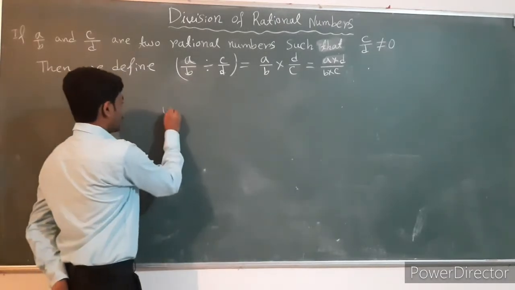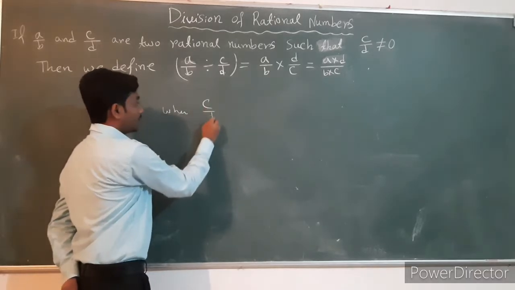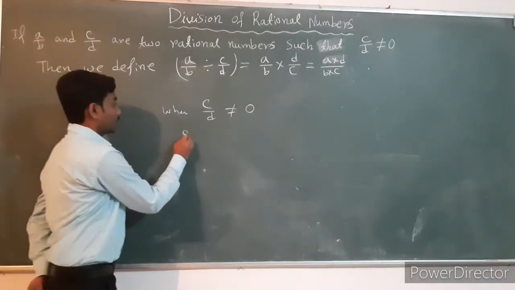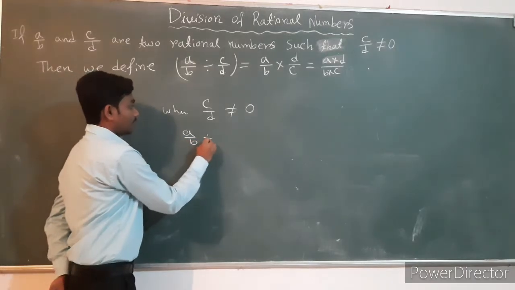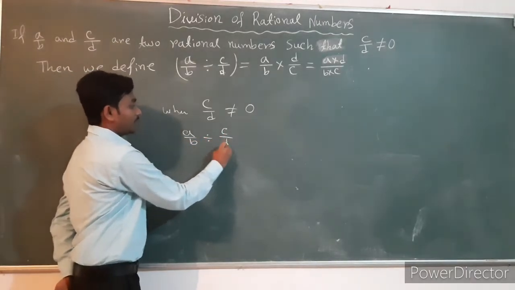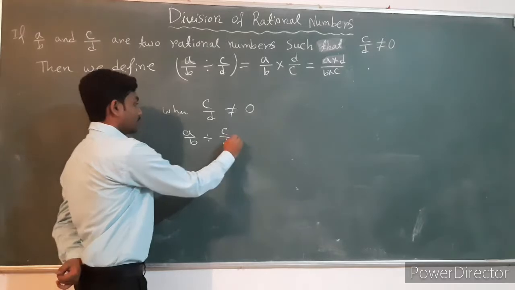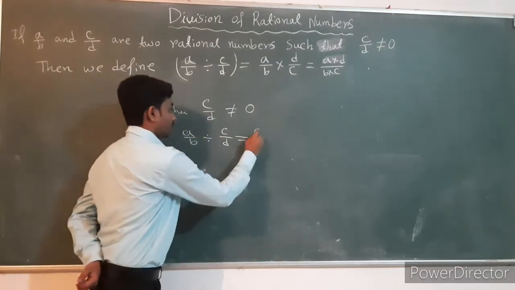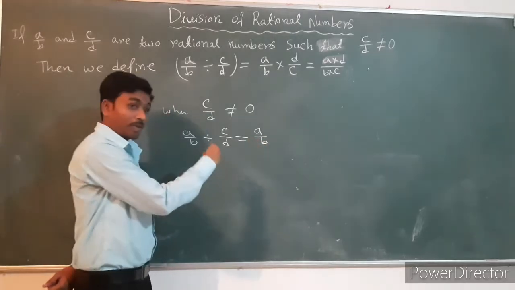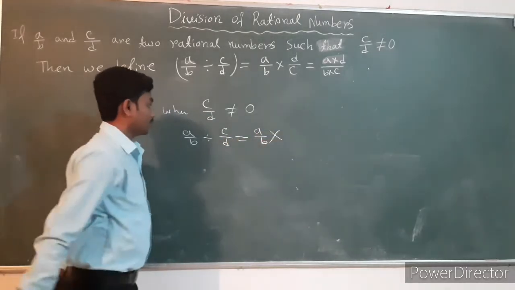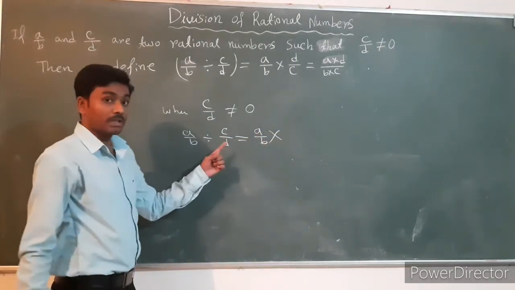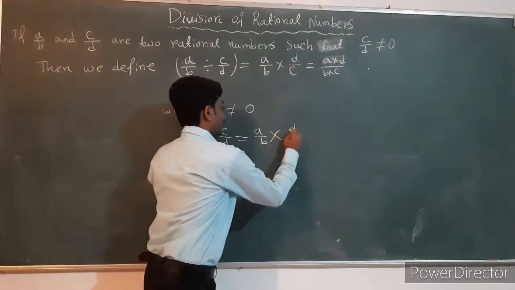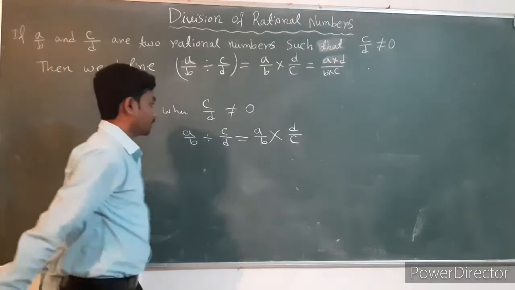So when c by d is not equal to 0, then a by b divided by c by d is defined by a upon b multiplied by the multiplicative inverse of c by d, that is d by c.